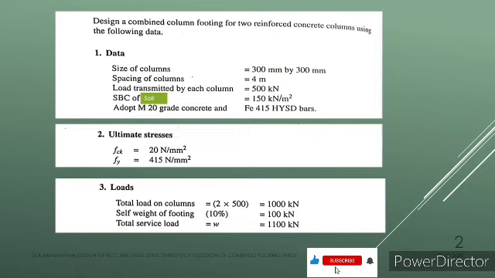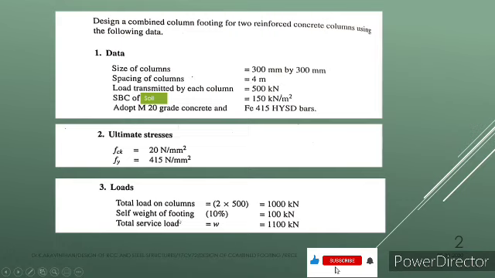So we have two columns which are going to be resting on the ground by using the footing. Now you have to find the total load. So totally we are having two columns which carry 500 kilonewton load each. So that is 2 into 500 is 1000, and the self weight of the footing.